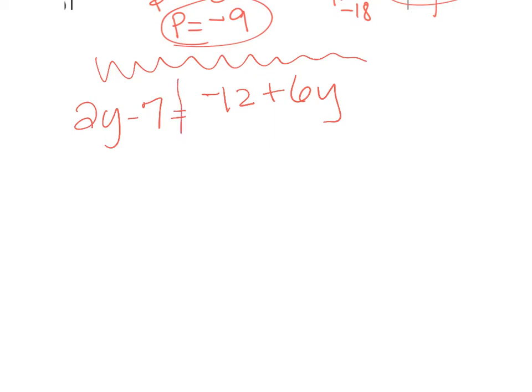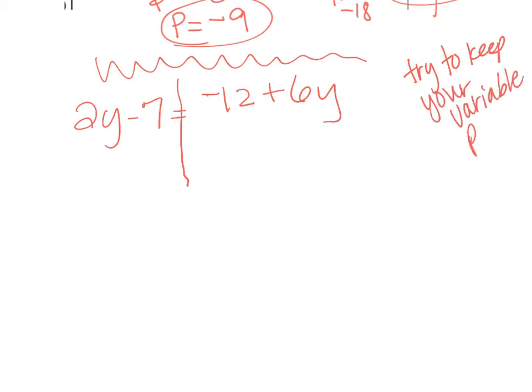Okay, so we can't combine them until they're on the same side. So remember, you want to try to keep your variable positive if possible. It just makes it easier for you. It is not a math rule. So I'm going to move my 2 this way because taking 2 away from 6 will still keep it positive.